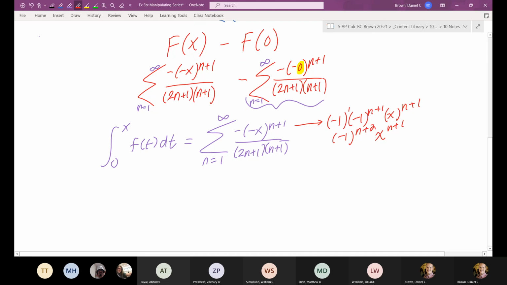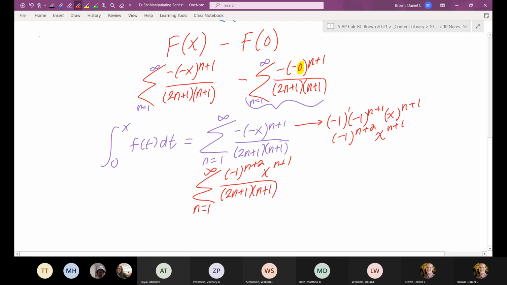So you could simplify, especially if this was a multiple choice one. Being aware of those exponent rules is nice. Would we have to combine the 2n plus 1 and the n plus 1? You could FOIL it, but honestly on the AP exam, they would leave it factored out like that.